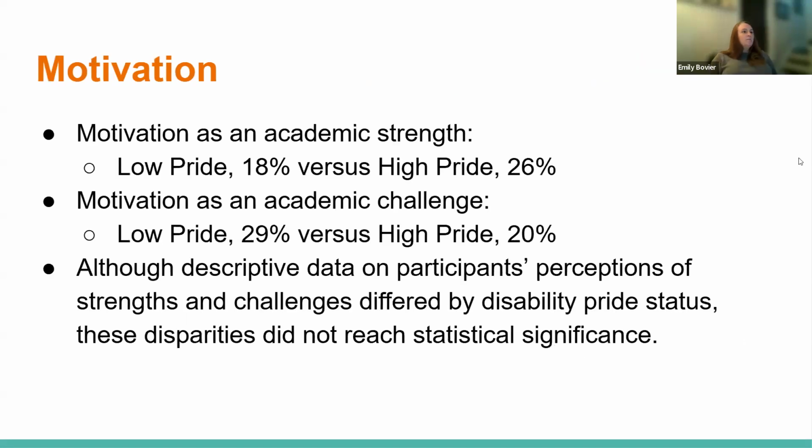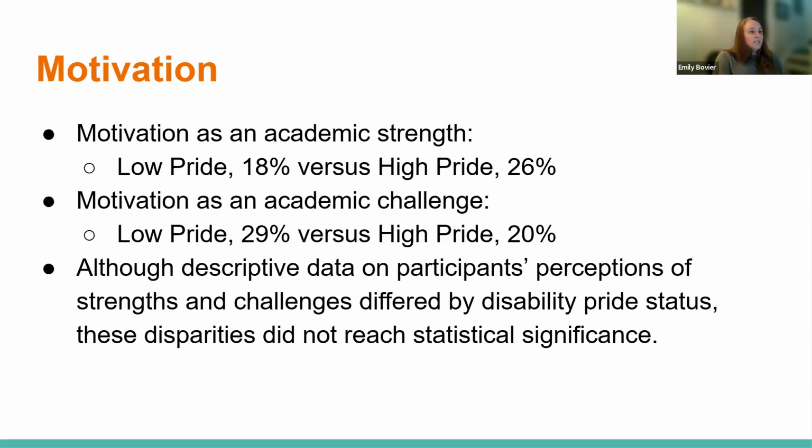In terms of motivation, here are some of the general findings. In terms of academic strengths, for participants who scored low on disability pride, 18% of that sample endorsed motivation as an academic strength, compared to those with high disability pride, who endorsed motivation as a strength 26% of the time.